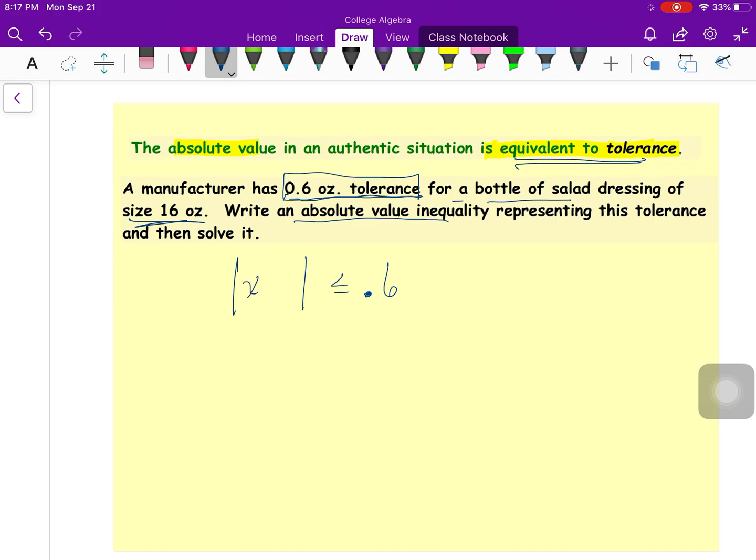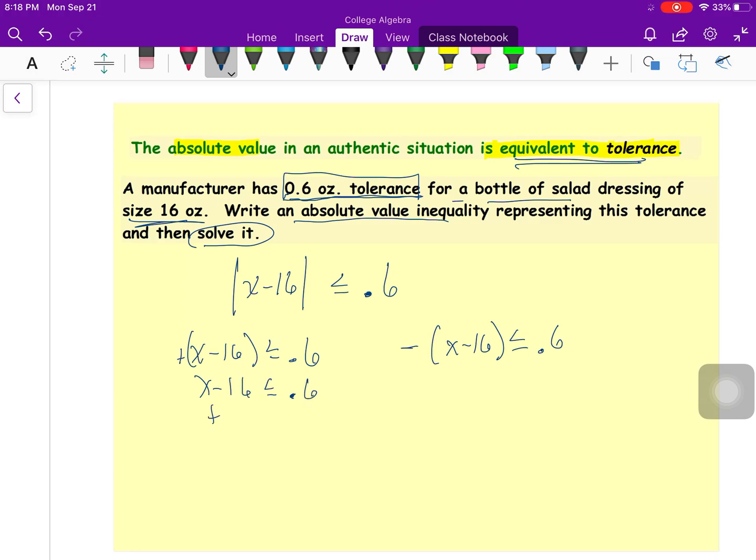I have a 16-ounce bottle, so x minus 16. Whatever I have, I'm going to subtract from the 16. It says solve it. So if I have the positive of that and the negative of x minus 16. So x minus 16 is less than or equal to 0.6.